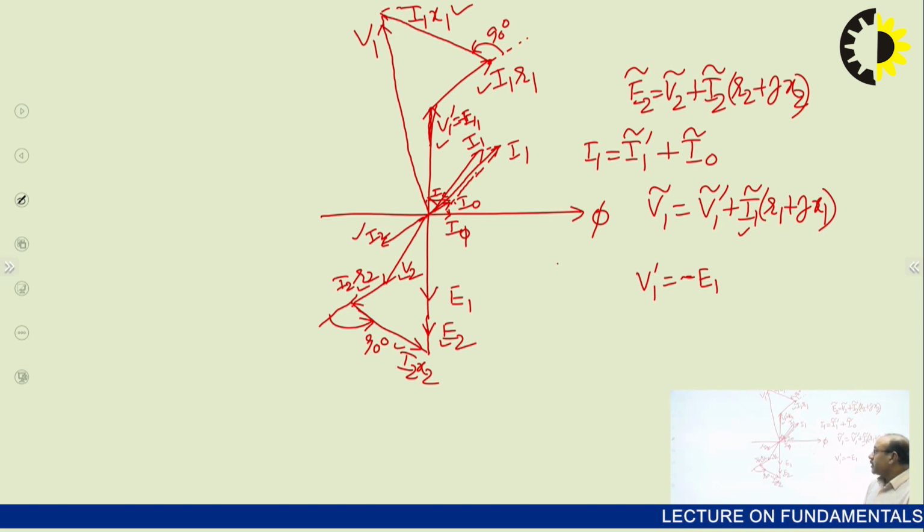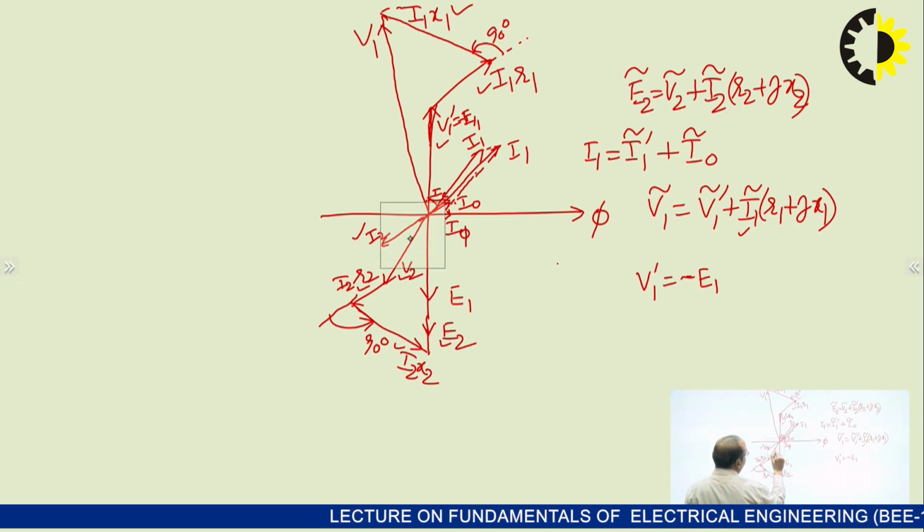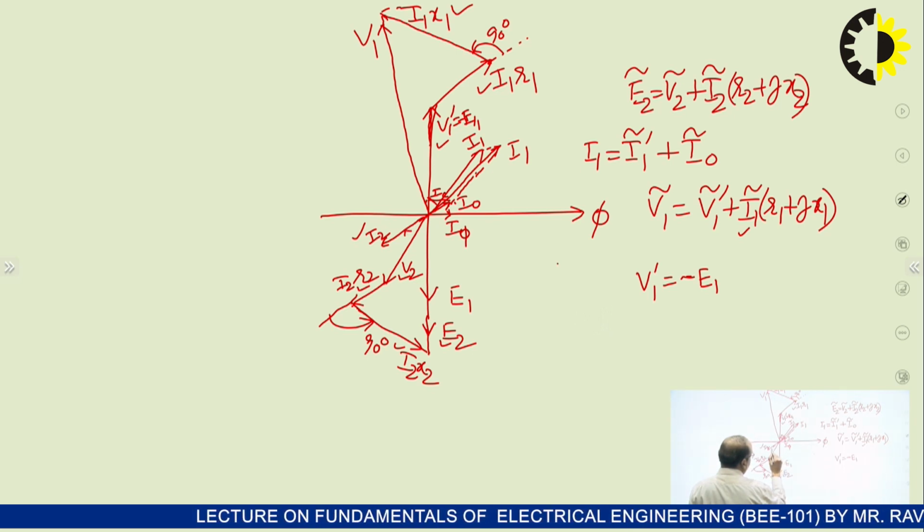Now in this also there may be different conditions of load. It may be a lagging power factor load. Here it is a lagging power factor load, since the load current I2 is lagging the load voltage V2 by some angle, suppose phi 2. Or it may be a leading power factor load.